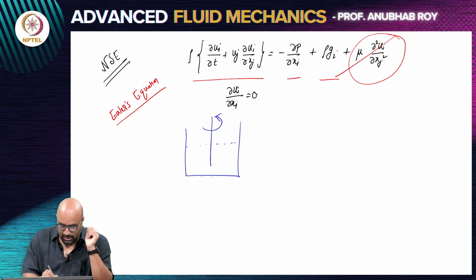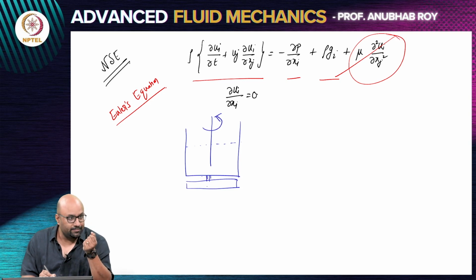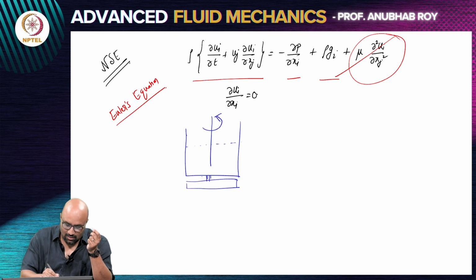The container is placed on a rotating platform. It's rigidly connected to the rotating platform. The platform starts to spin. As the platform and the beaker, the entire thing, spins, the fluid is set into motion. And then our question is, at steady state, when it achieves a steady state, what does the surface look like?